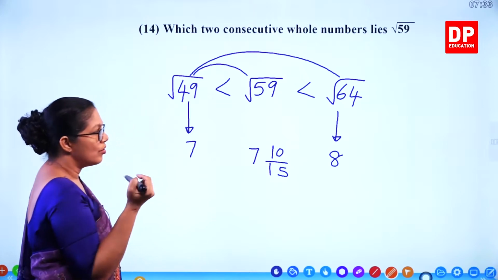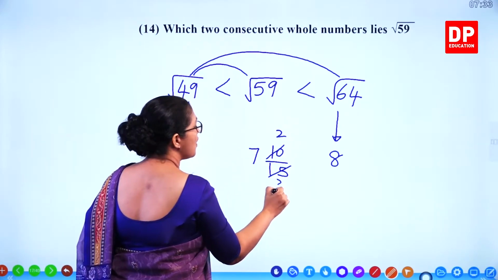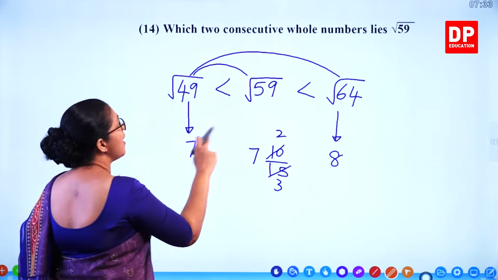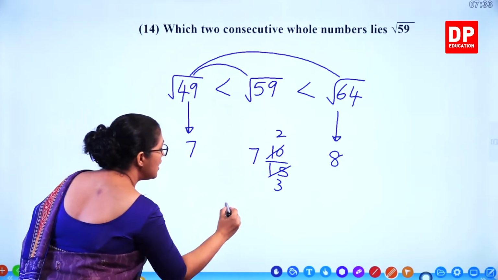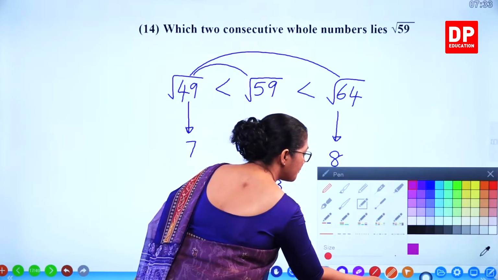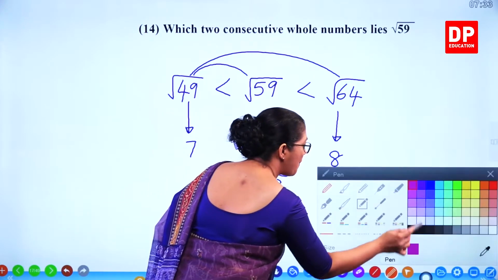So you can find out according to this one, 2/3, like 7.6. But you don't need that. They are just asking which whole numbers in between. So the answer is 7 and 8. So 2 marks for that, identifying the two whole numbers.